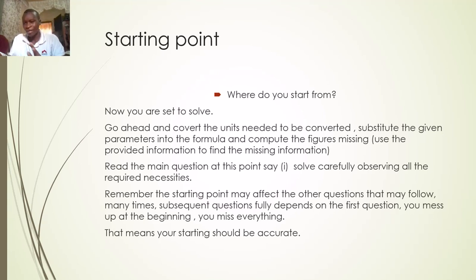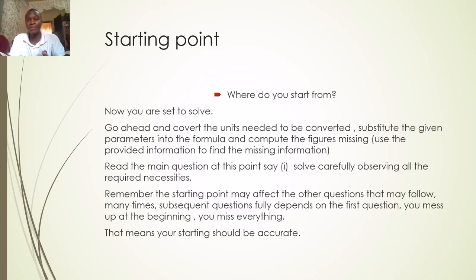So, how you start to compute the Roman 1, it must be very accurate and observe all the necessities that are needed, all the conditions. You substitute very well and you provide what the examiner needs.